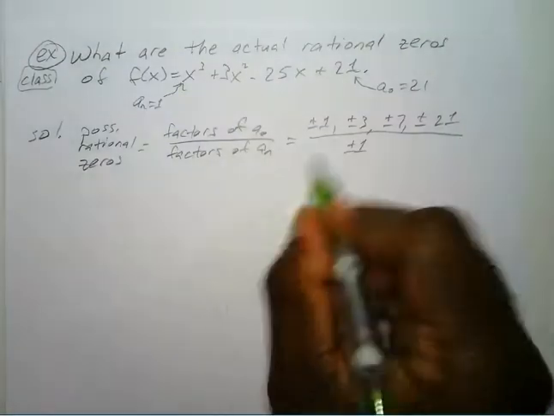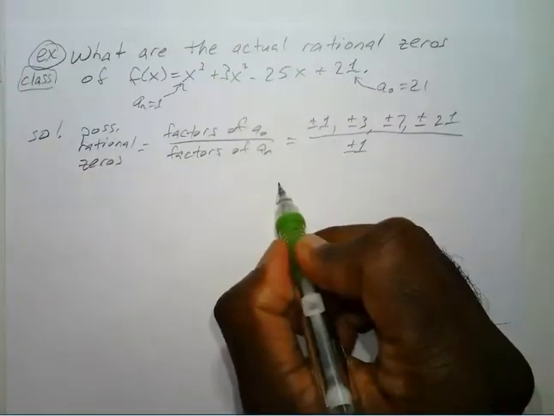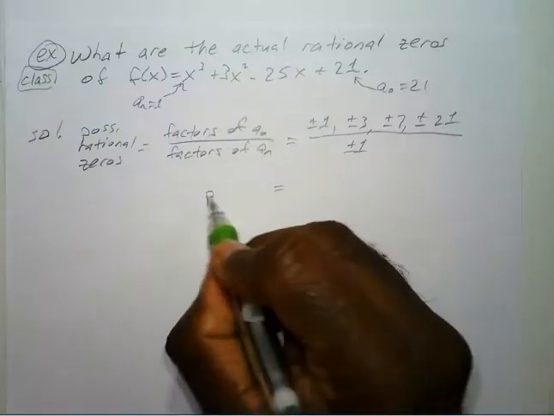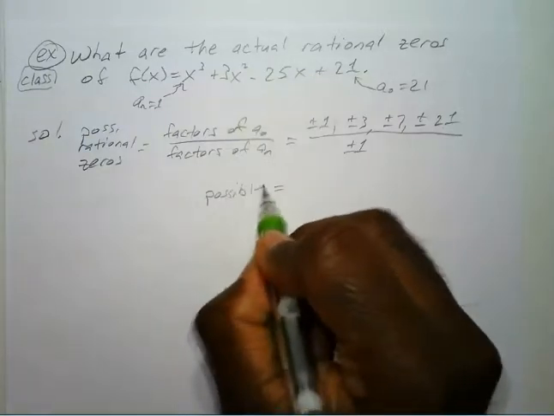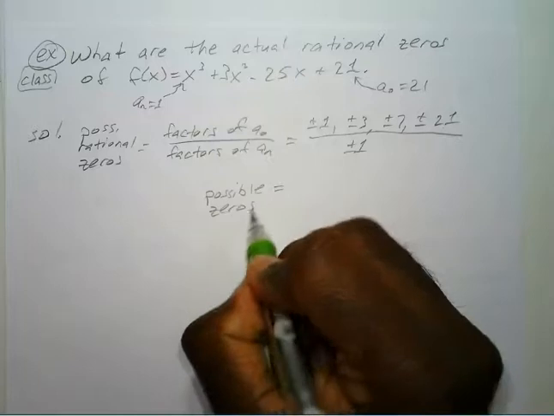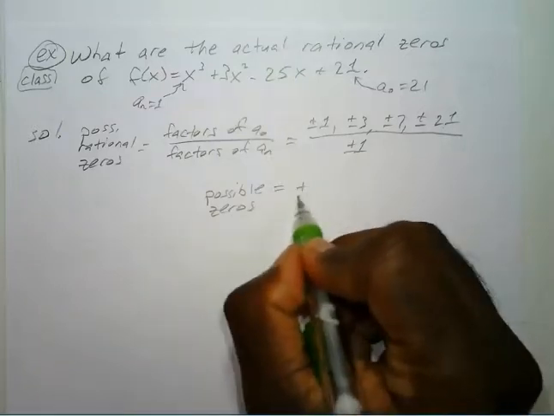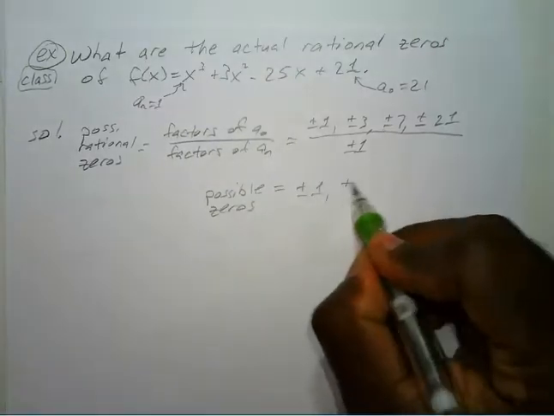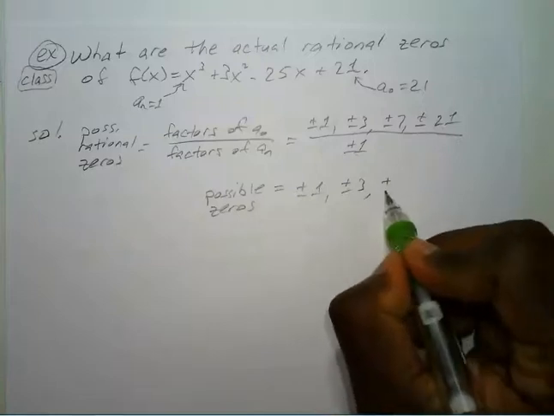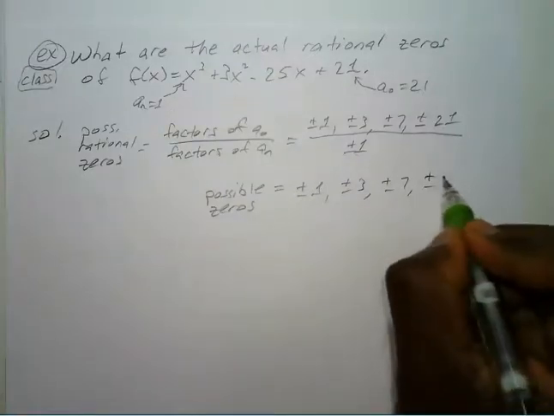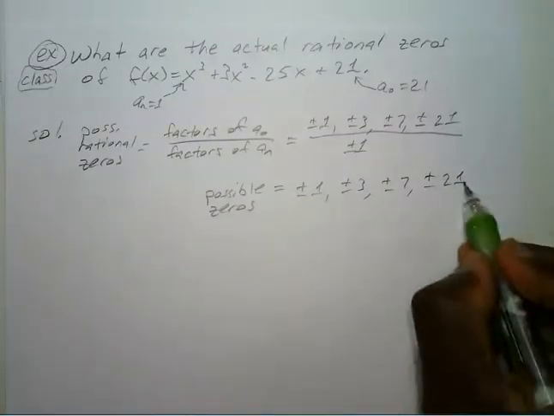Okay, so because your denominator is either positive or negative 1, your possible zeros are going to equal positive or negative 1, positive or negative 3, positive or negative 7, or positive or negative 21.